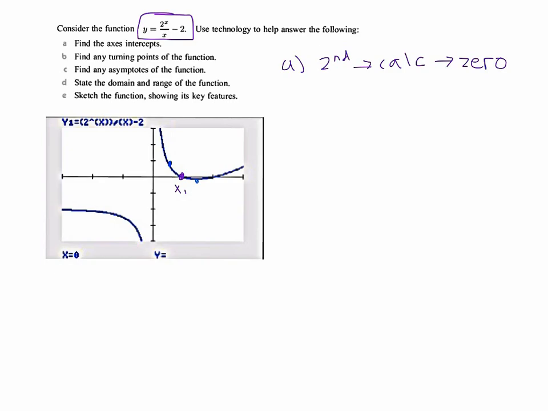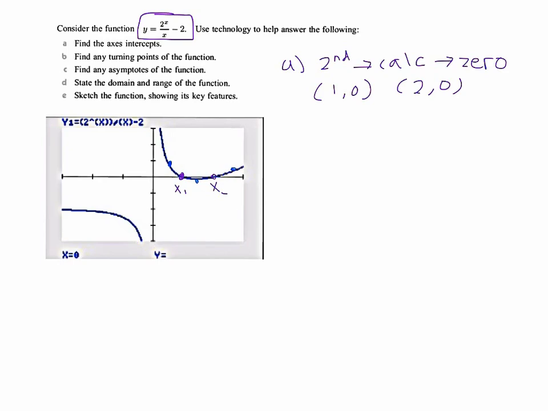Repeat the same process. You want to click somewhere below the x-axis this time, and then above the x-axis. Then it's going to return the value of another zero on here, x2. Once you do that, you get an x1 of 1 and 0, another one, 2 and 0.